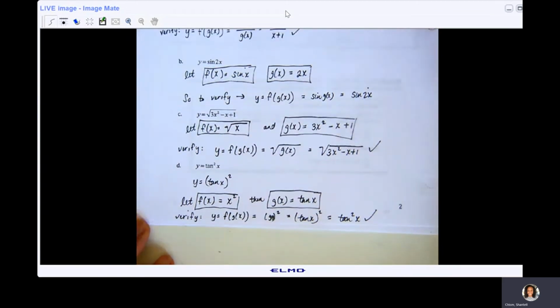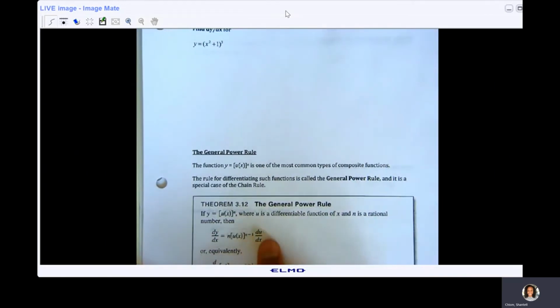Okay? So let's look at chain rule here. And then I think we need to mention the general power rule as well. Although we have talked about the power rule previously, you have a more general power rule that can be applied over pretty much any differentiable function as long as it has a power.